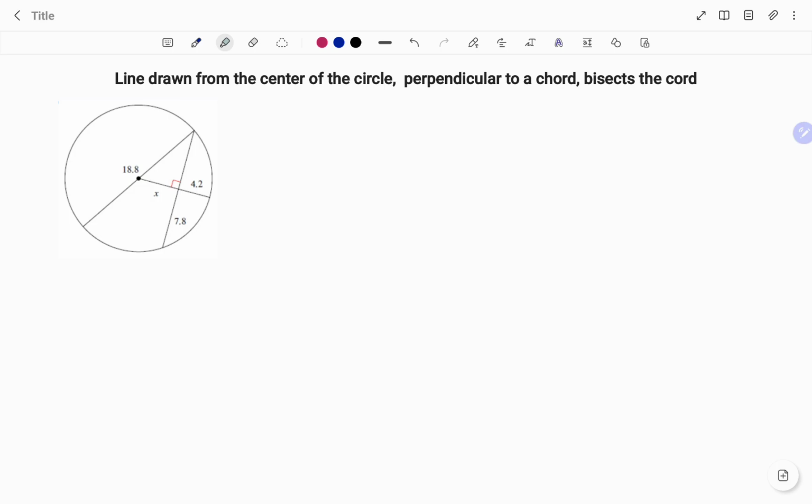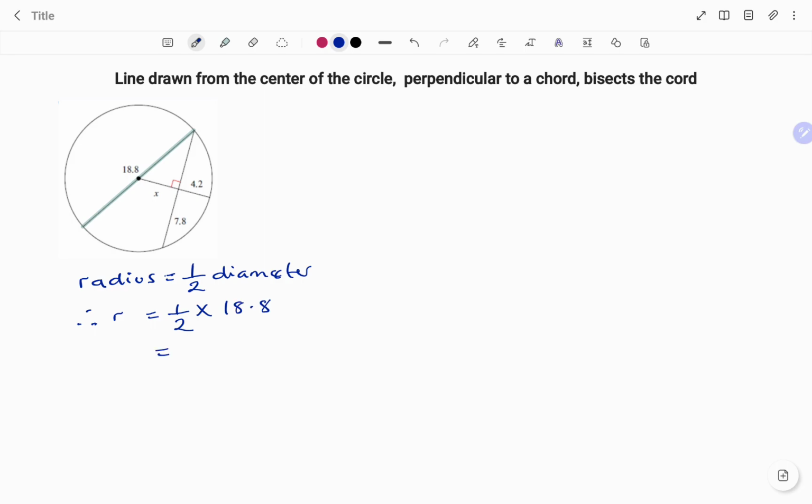Let's look at another example. In the second example, I have another circle with diameter as shown, 18.8 units. The radius of a circle is equal to half of the diameter. Therefore, the radius r equals half times the diameter as given in the diagram, 18.8.